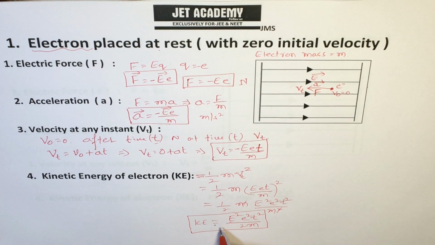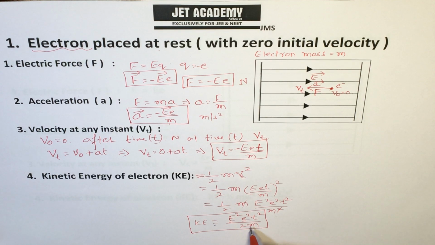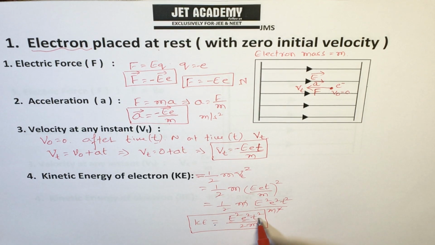Here E is the electric intensity, e is the electric charge of the electron, and t is the time at any given instant. As time increases, kinetic energy increases. And at any given instant, if two different charges are given, t also remains constant, so kinetic energy is inversely proportional to m.